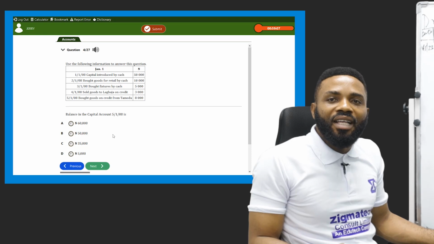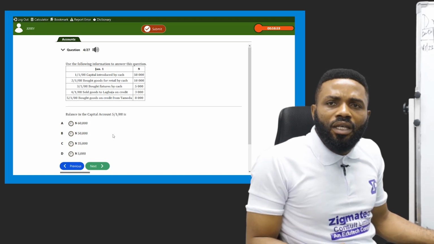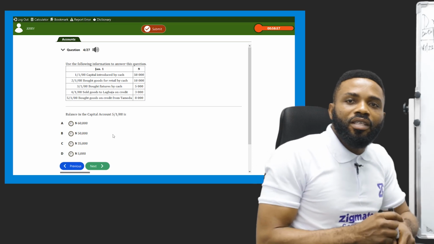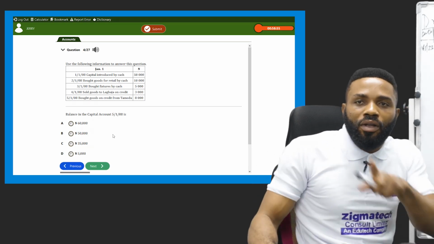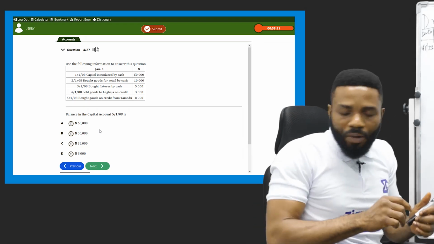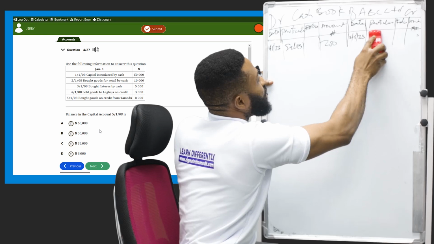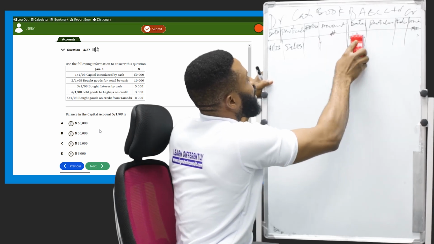They said balance in the capital account as at 5th of January 1908 is what? See, now the capital introduced is 50,000. If you want to represent this on the cash book, let's assume we are representing this on the cash book.